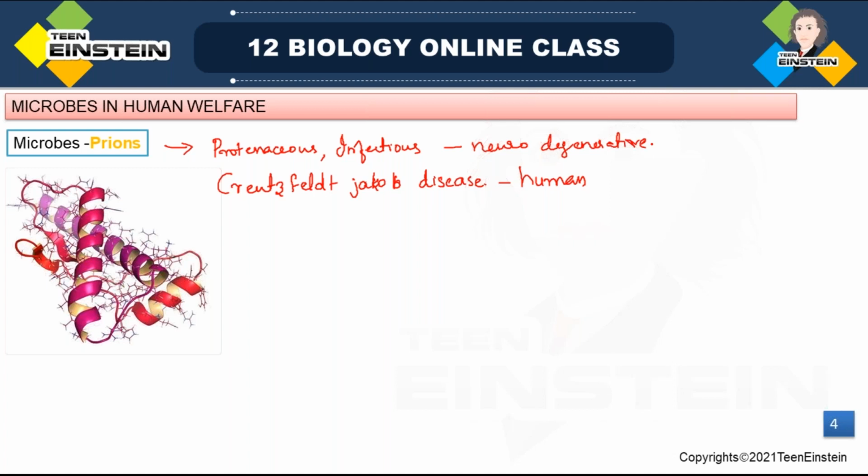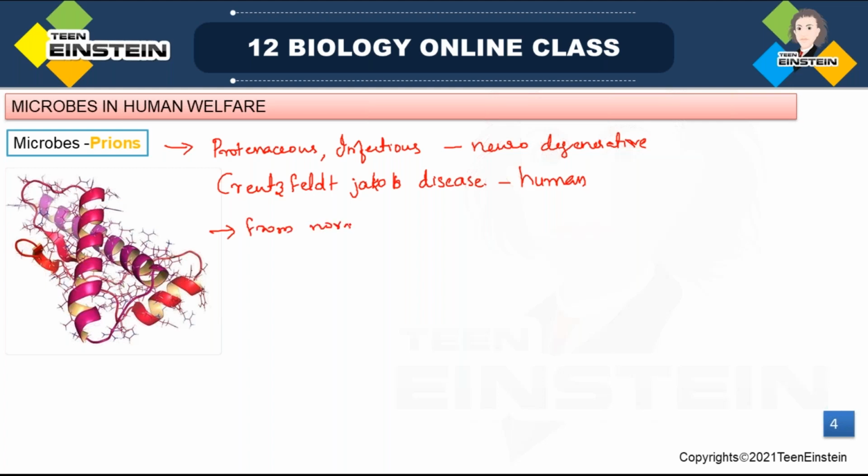See, some kind of protein folding. Here you can see the protein is folded. When the prion infects, how will the protein folding be? It will be abnormal folding. That's why this disease is coming.